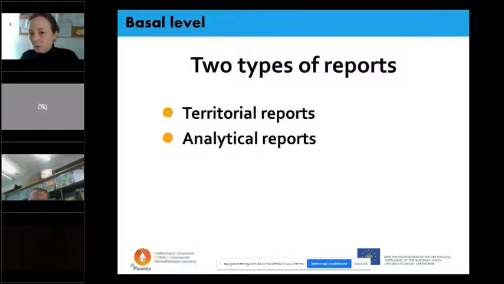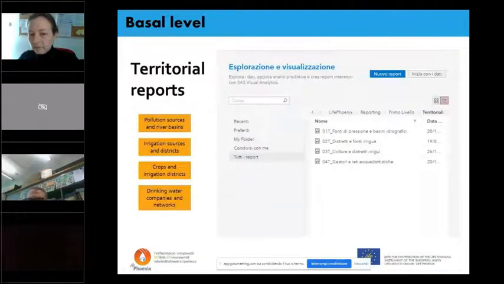There are also 2 types of reports. There are territorial reports and analytical reports. Here you can see the types of territorial reports.